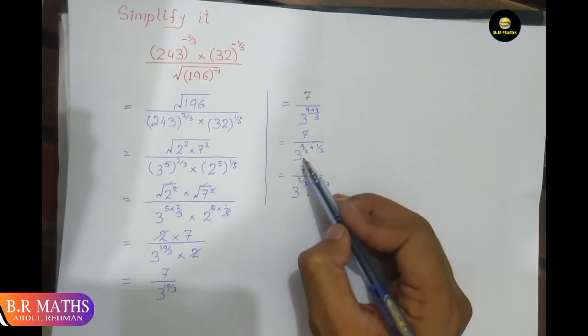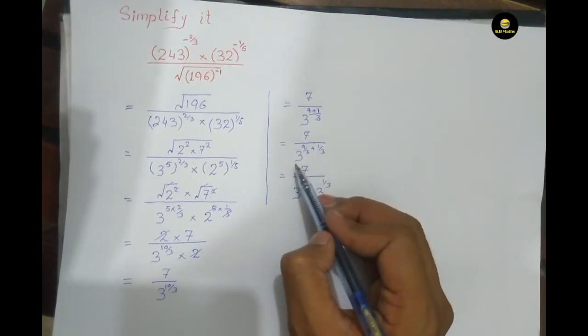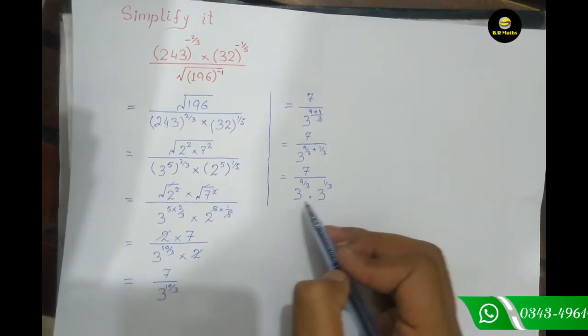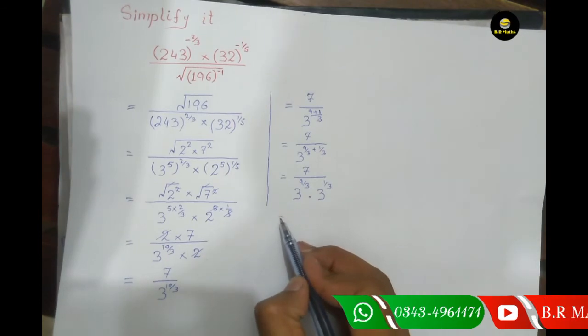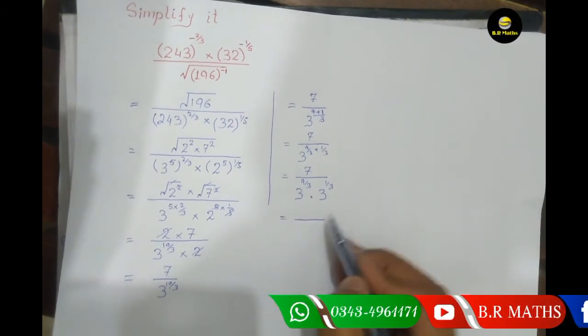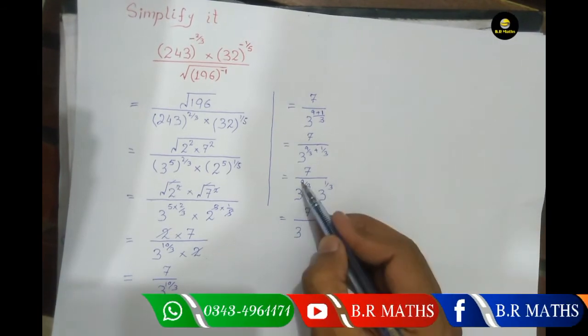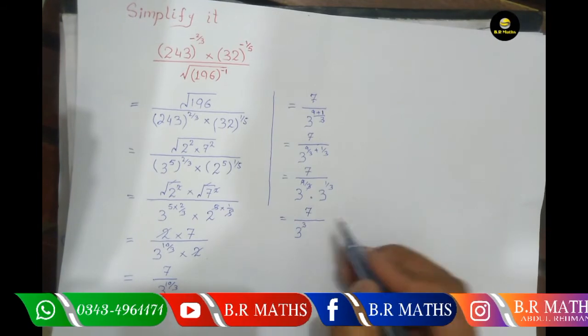Since 9 over 3 plus 1 over 3 is one base split into two same bases in the form of a product, 3 raised to power 9 over 3 cancels with the denominator's 3, leaving 3.